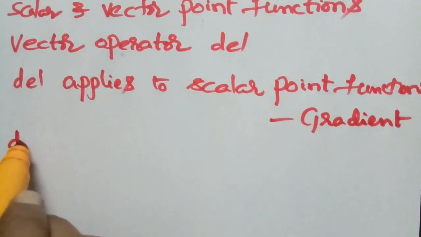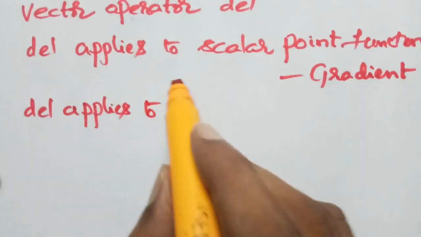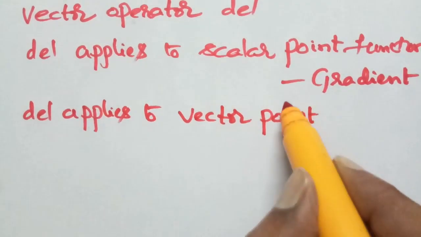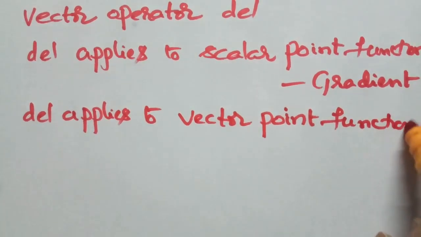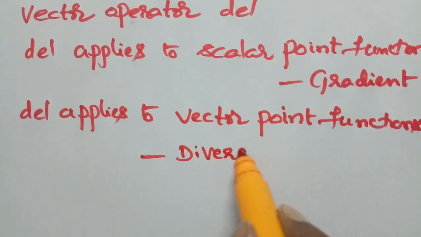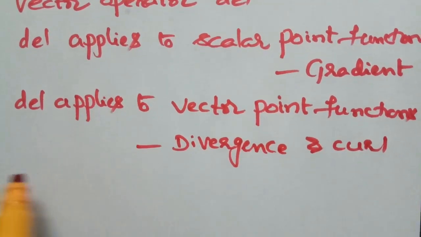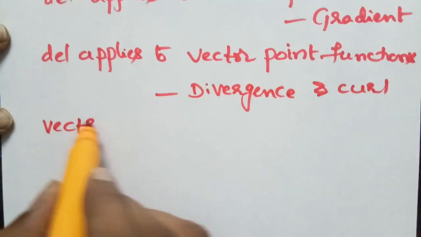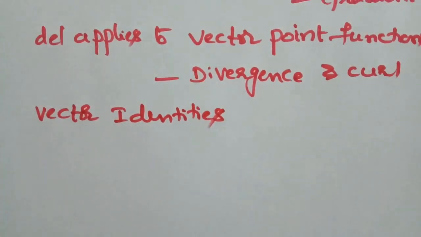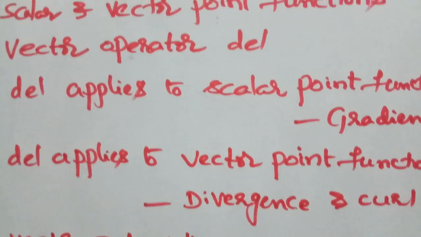Del applies to another topic, vector point functions, in this divergence and curl. Next, vector identities.